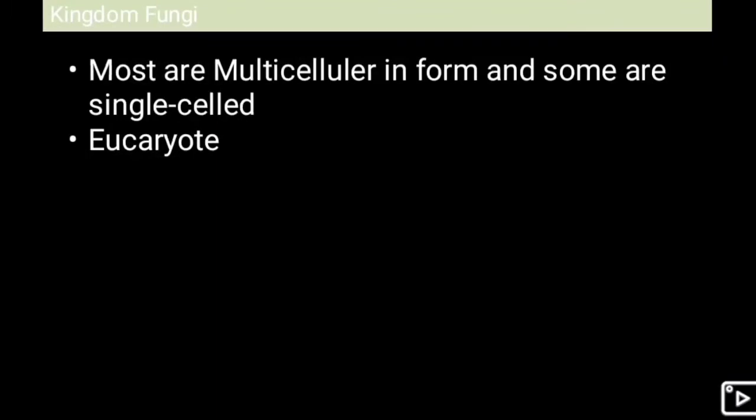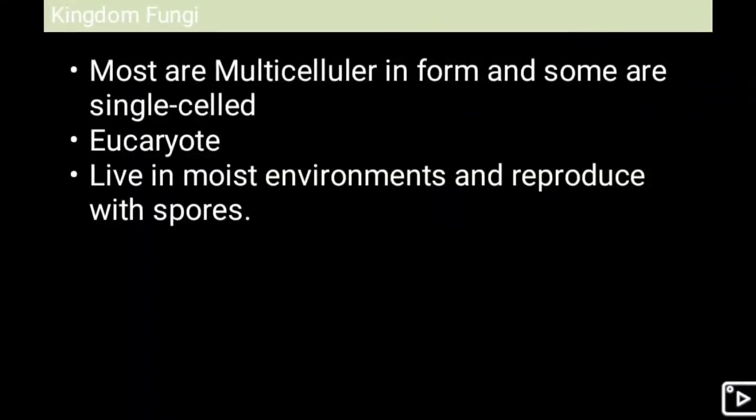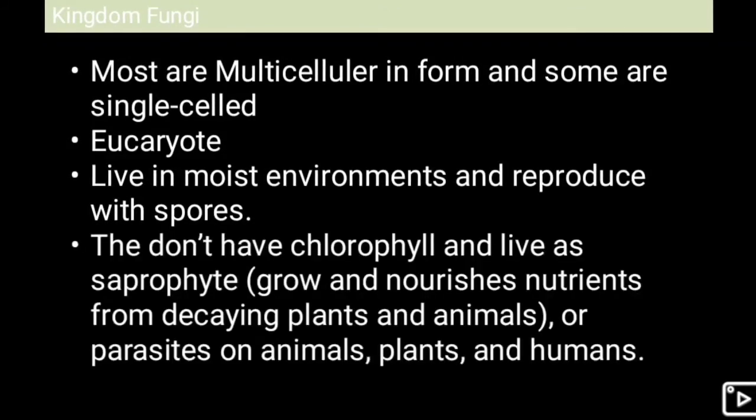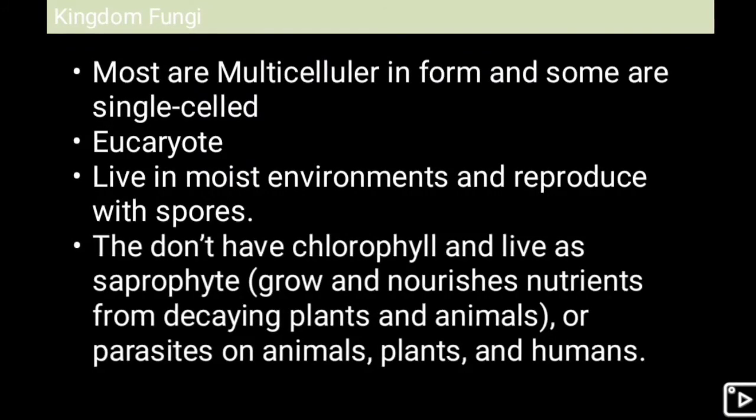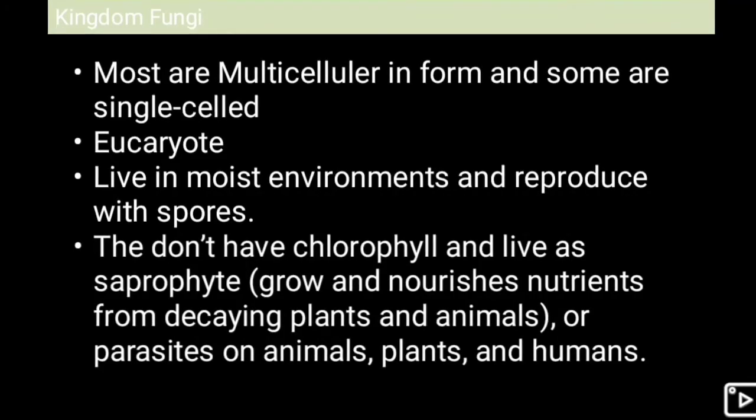The next kingdom is Kingdom Fungi. The characteristics of Kingdom Fungi are eukaryote. Most are multicellular in form and some are single-celled. They live in moist environments and reproduce with spores. They don't have chlorophyll and live as saprophytes, which get nutrients from decaying plants and animals, or as parasites on animals, plants, and humans.